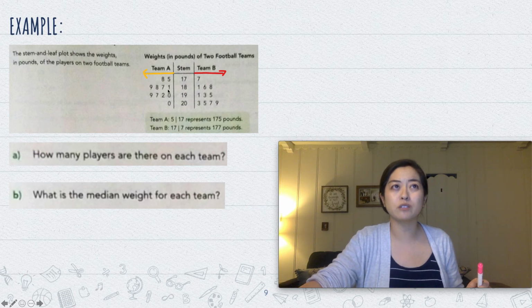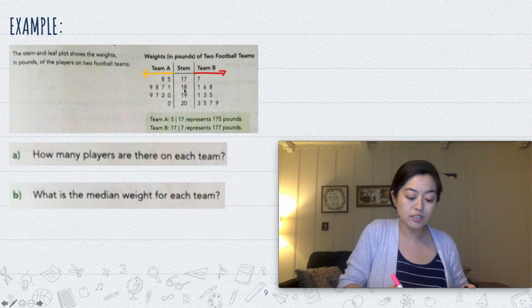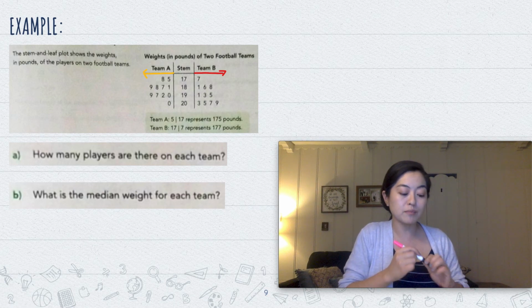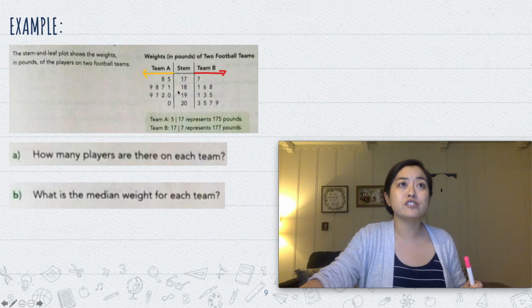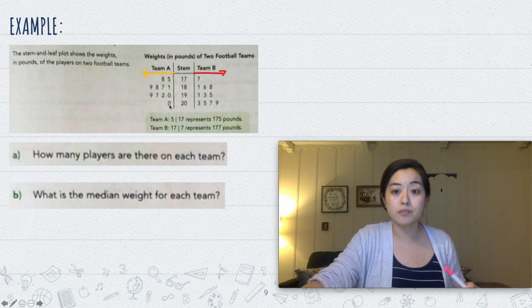It's kind of backwards here. 1, 2, 3, 4, 5, 6. So this here, leaf 9, and my stem is 18. So that is 189 is my median.